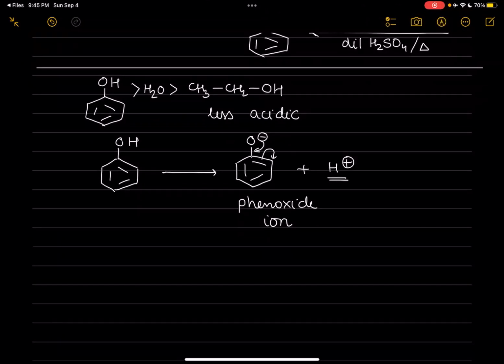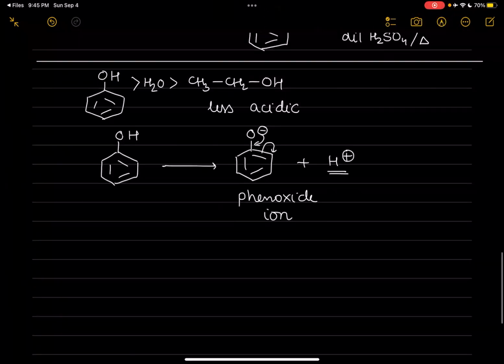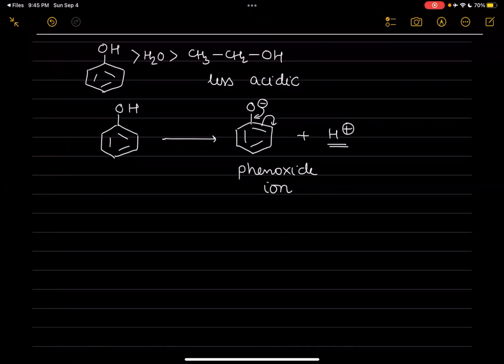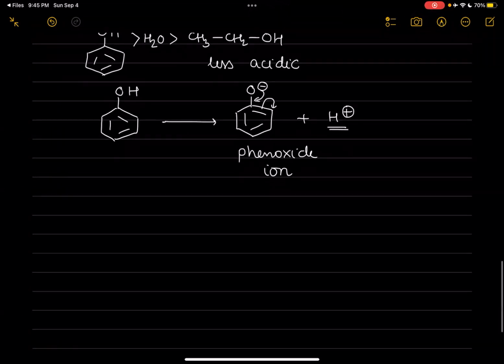So how will you prove the acidic nature of phenol? We know that it is slightly more acidic than water, but how can you show it? Can you tell me one reaction by which you can show that phenol has acidic hydrogen?